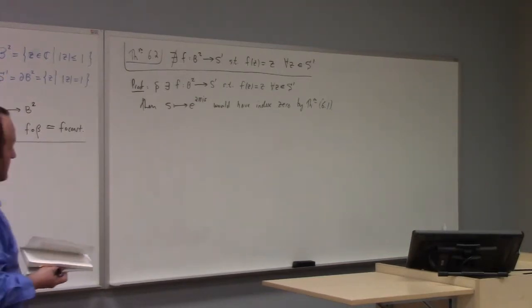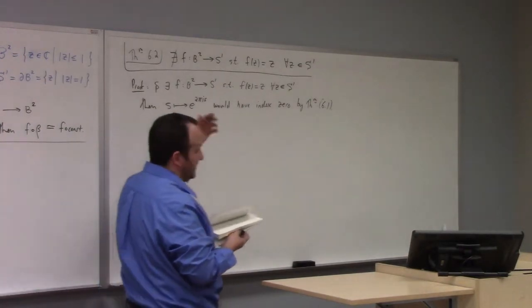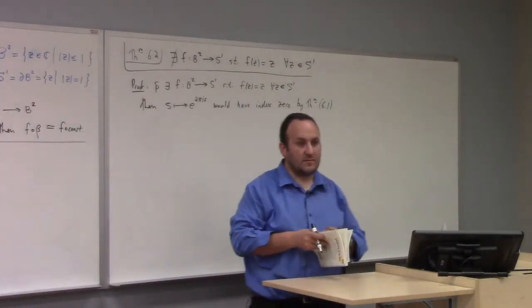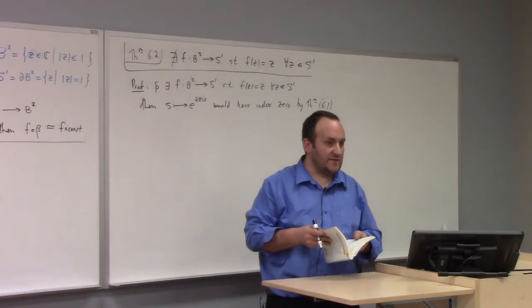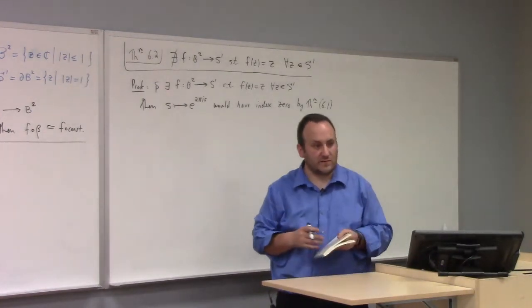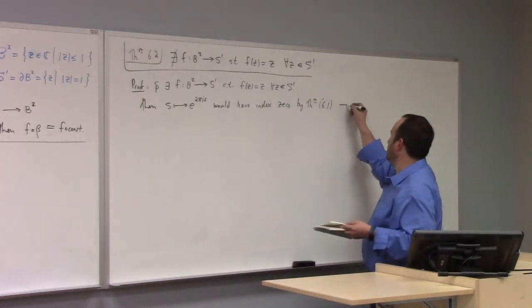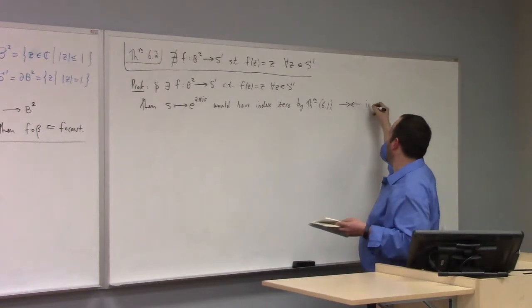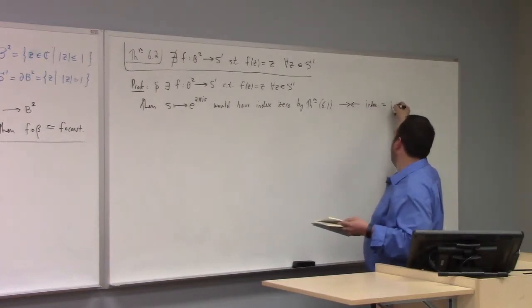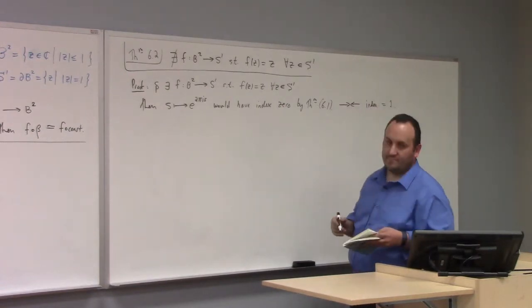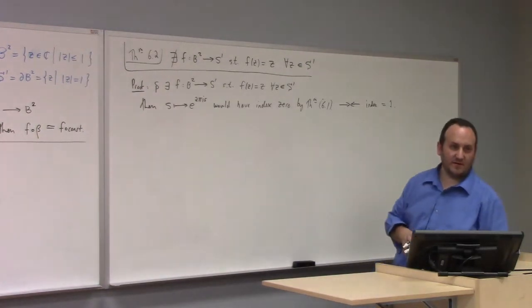Yeah. But does that have index 0? It does not. We just showed it has index 1, right? So that's a contradiction. I haven't named the map, but, yeah.